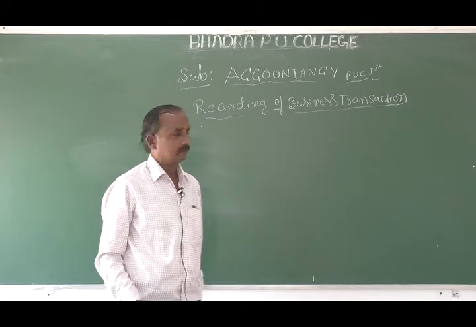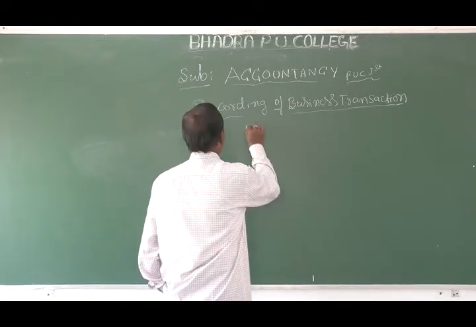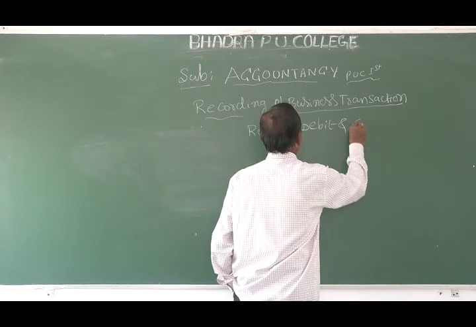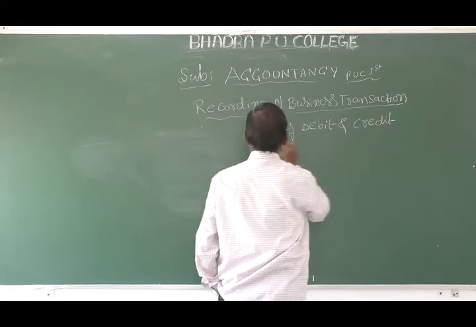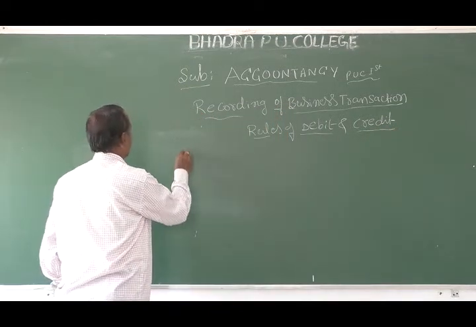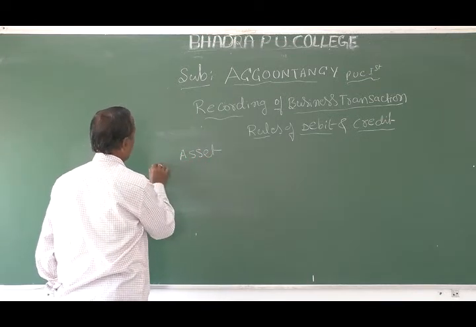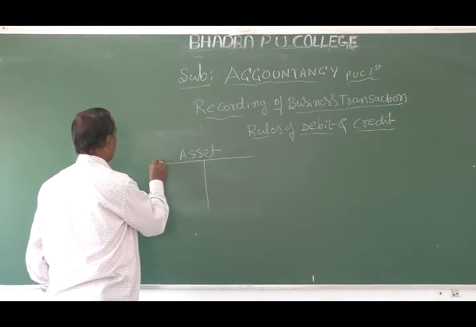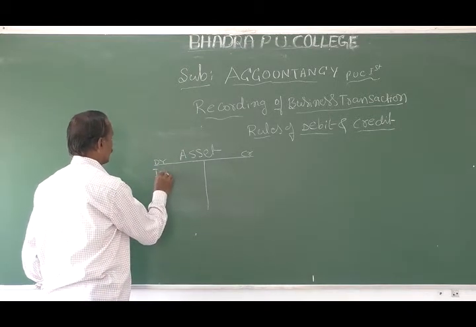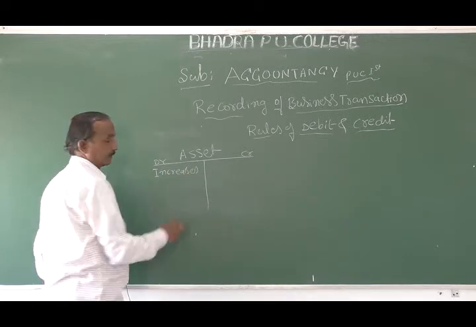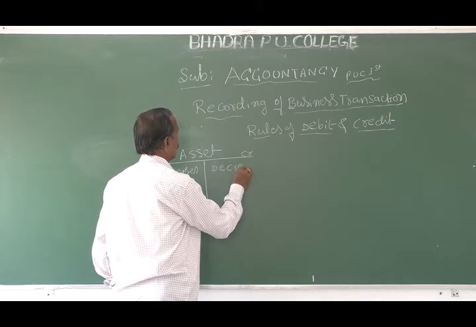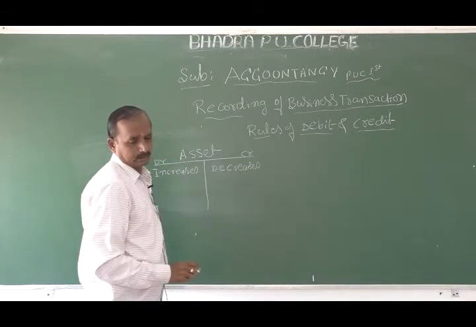First, rules of debit and credit. Asset account: debit increases, credit decreases.